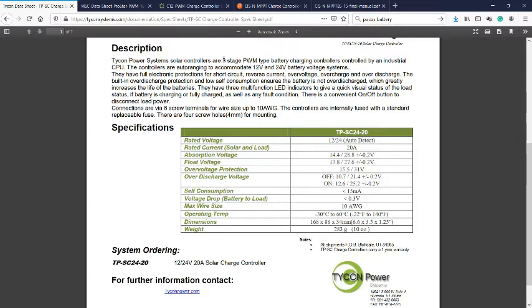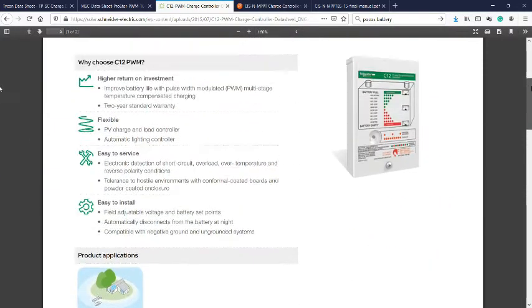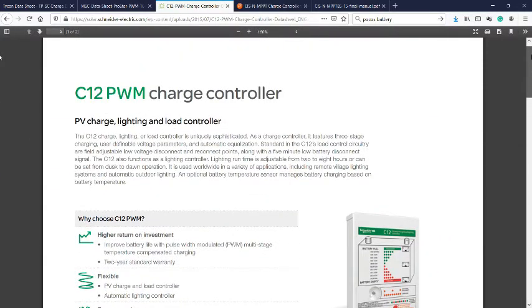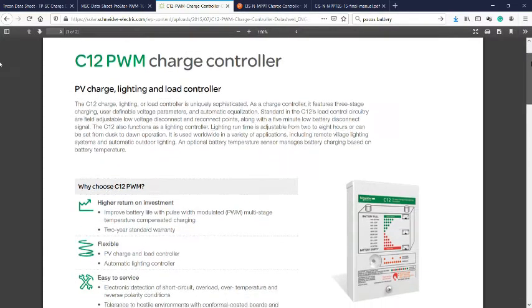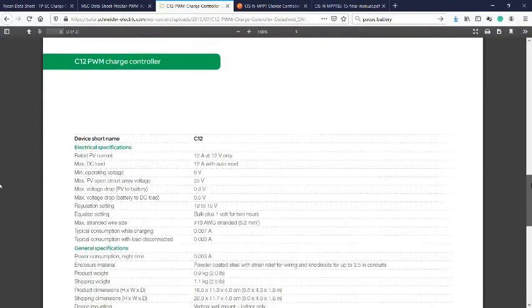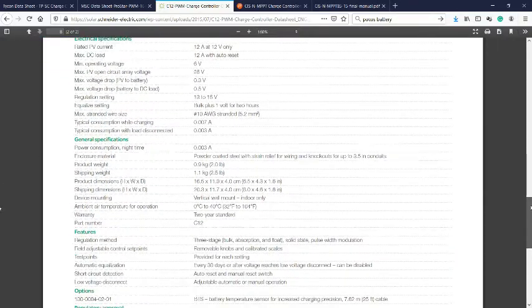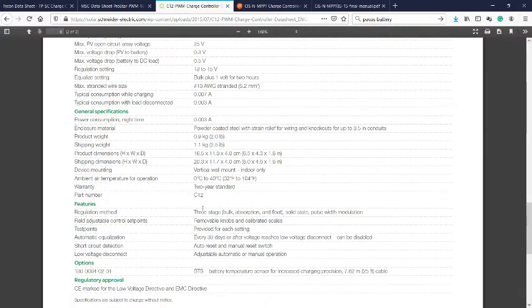Or sometimes they call main, boost, or float. Another example, how many stage? This one also 3 stage, which is bulk, absorption, and float.